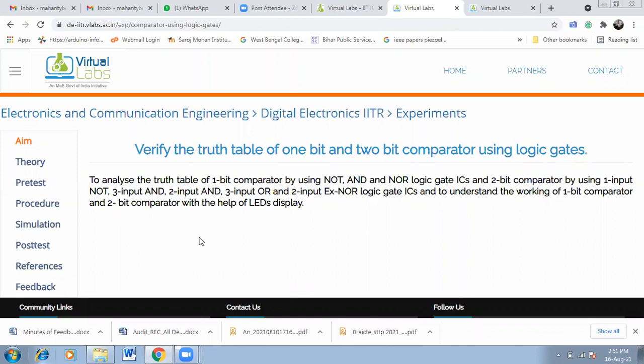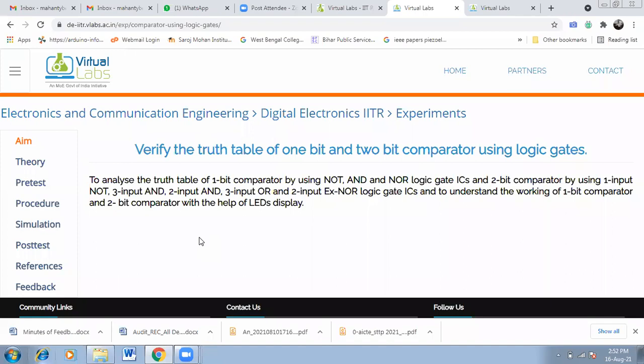For the single bit, if A and B are both 0, 0 or 1, 1, in that case the bits are the same. If bit A is 1 and bit B is 0, then A is greater than B. Now, if A is equal to 0 and B is equal to 1, in that case A is less than B. So three conditions are there.